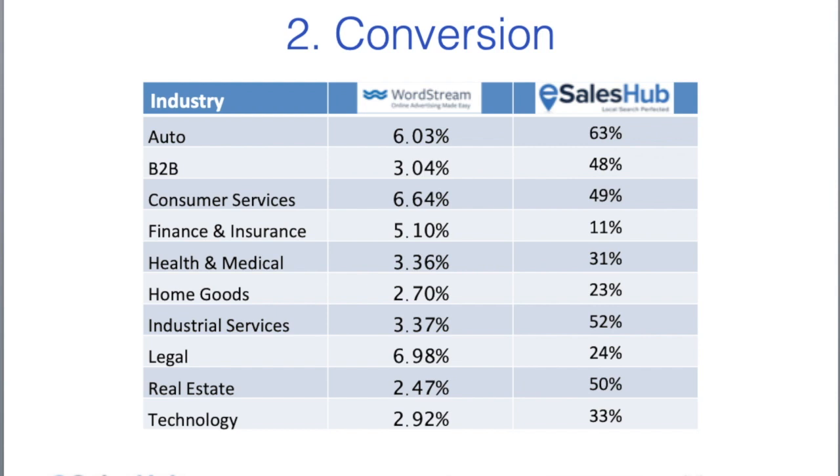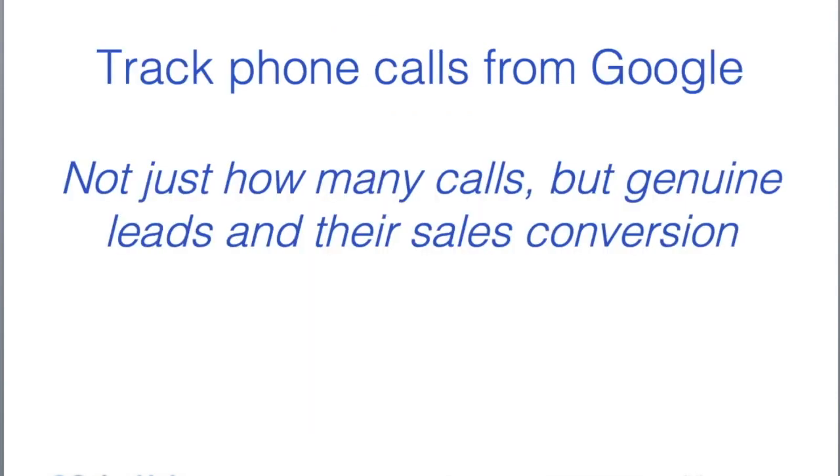So for me, the big takeaway from these benchmarks is, it's about tracking phone calls from Google. It's not just about form fills. It's not just about tracking a conversion. It's, well, what does that conversion mean? And it's not just how many calls, but what are genuine leads. Not every single call is going to be a lead. It could be a duplicate call.